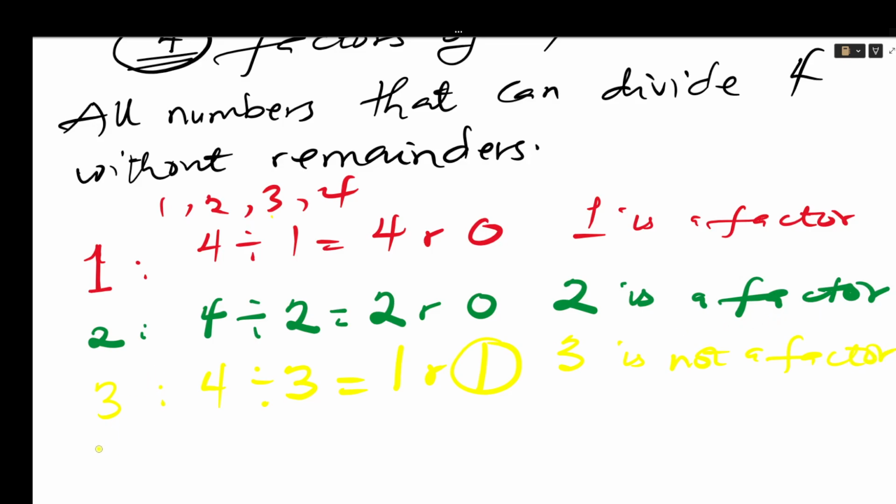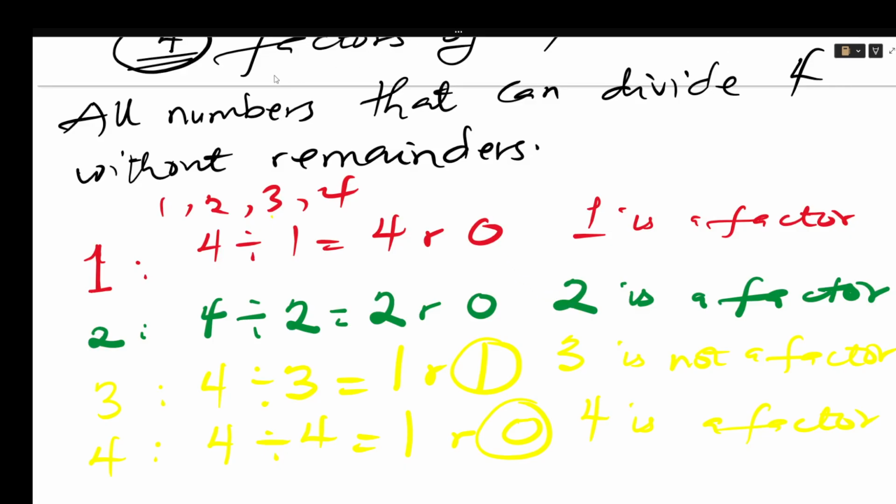Then we have the last one, which is 4 itself. So 4 divided by 4, checking if 4 is also a factor, is 1, remainder 0. And since there was no remainder left, 4 is a factor. So yes, we have identified our factors.